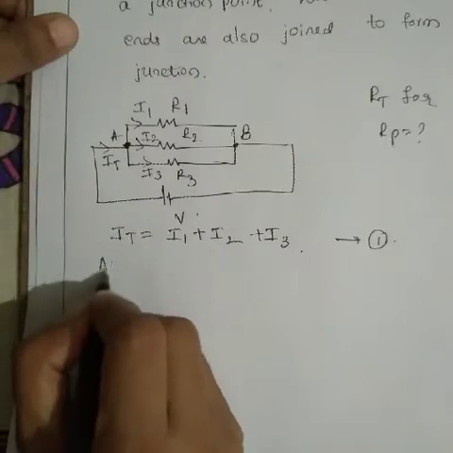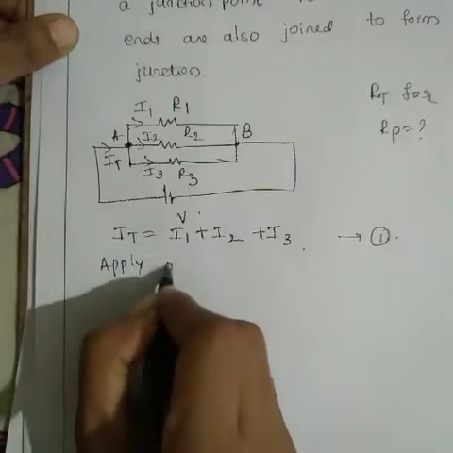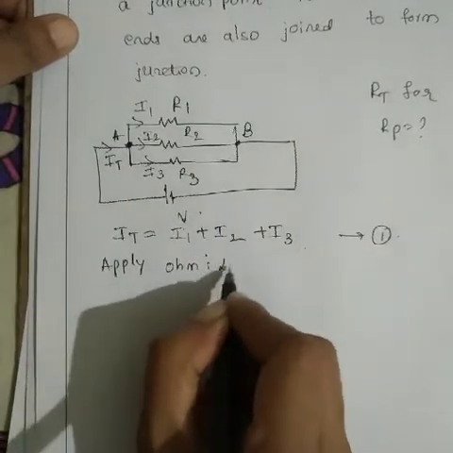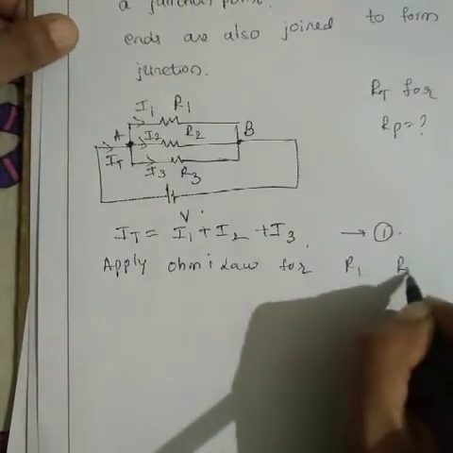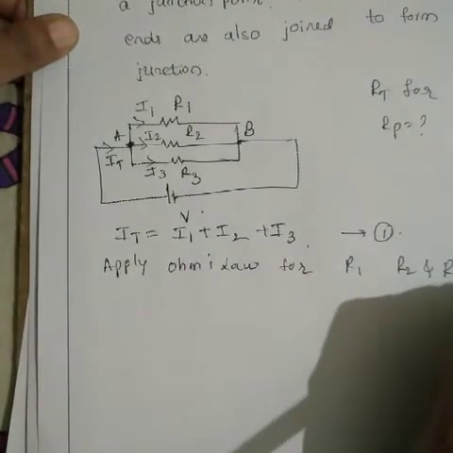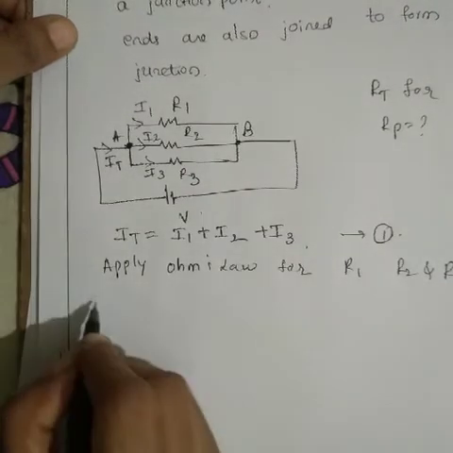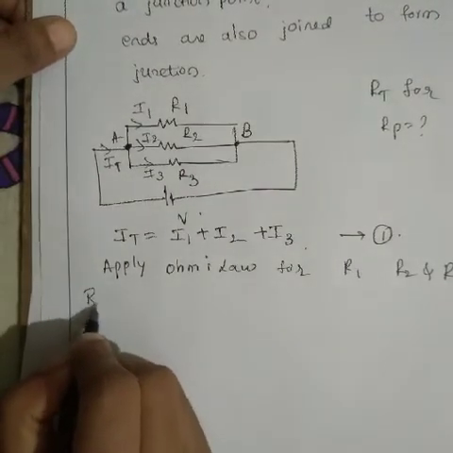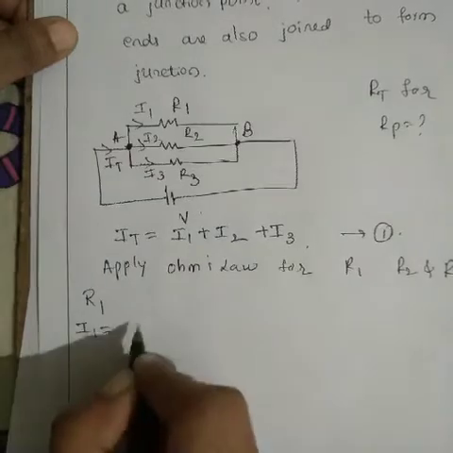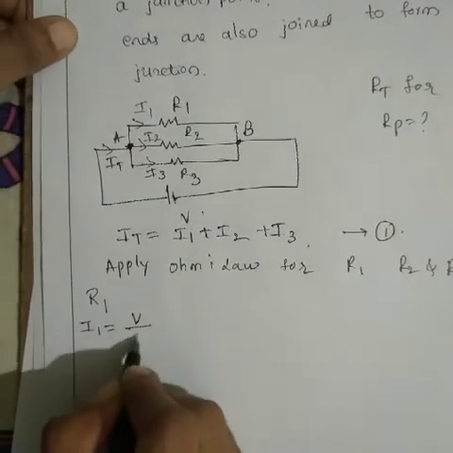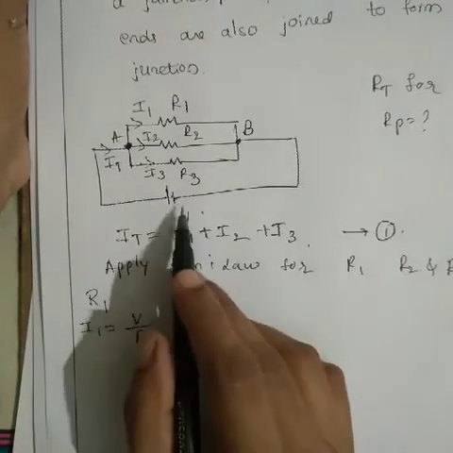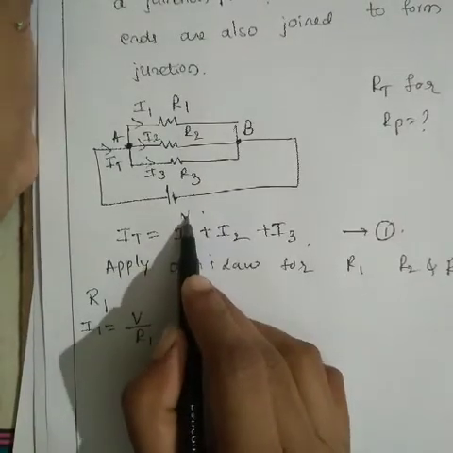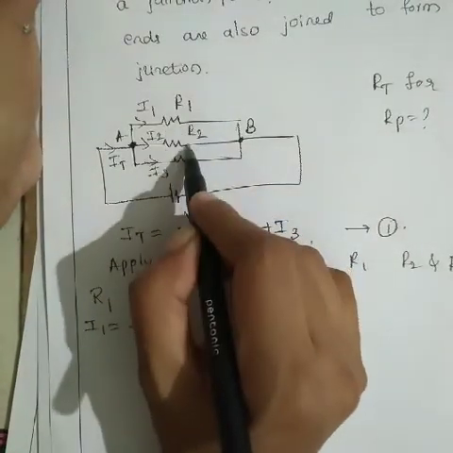Now apply Ohm's law for R1, R2, then R3 circuit. Applying Ohm's law for R1, I1 is equal to V by R1. Here in a parallel electric circuit, the voltage is the same for all resistances.